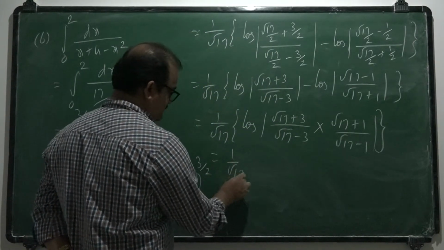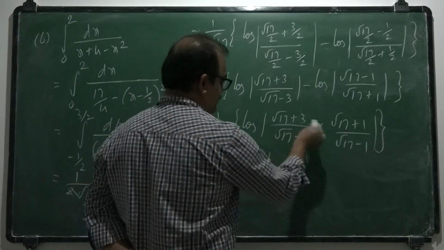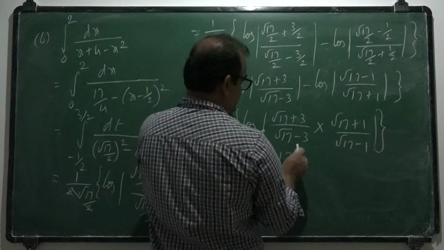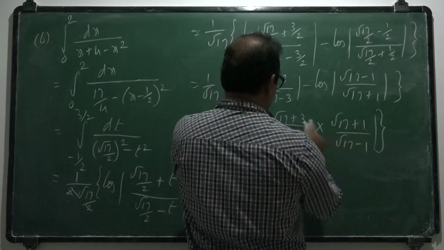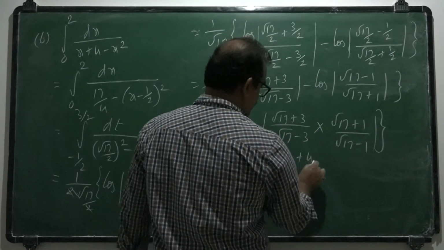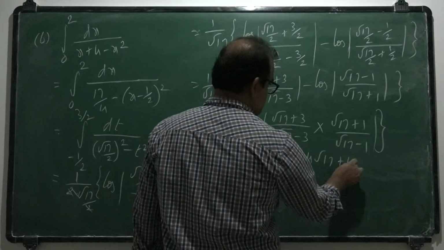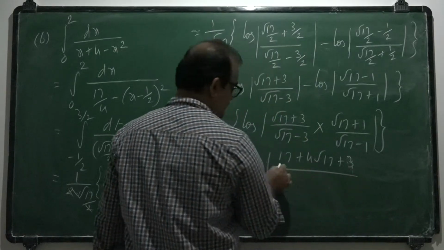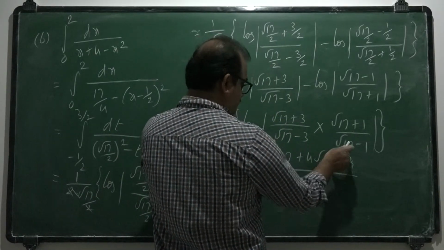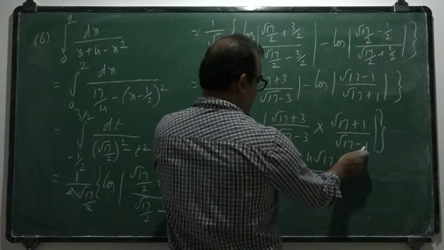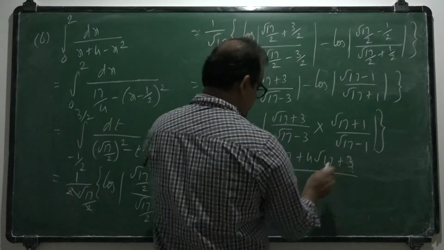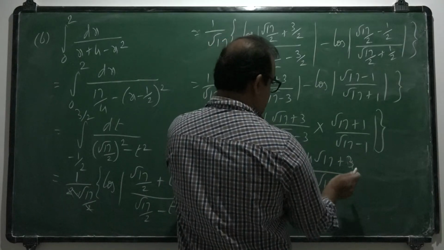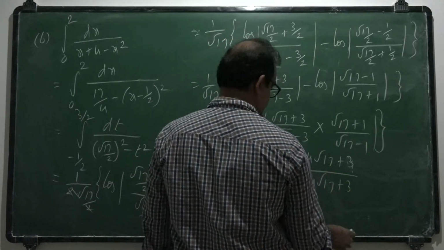1 by root 17 into log of, multiply root 17 into root 17, 17 plus root 17 plus 3 root 17, 4 root 17 plus 4 plus 3, by denominator root 17 into root 17, 17 minus root 17 minus 3 root 17 minus 4 root 17 minus 3 into minus 1 plus 3.